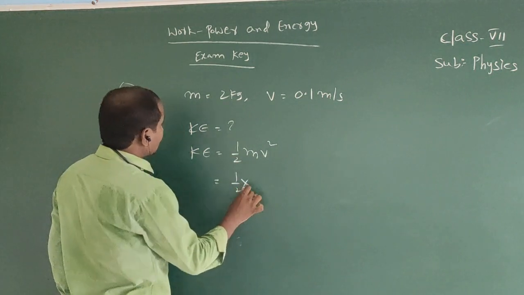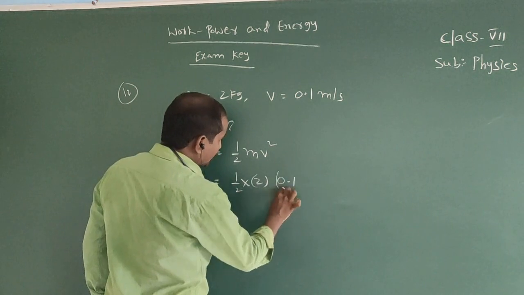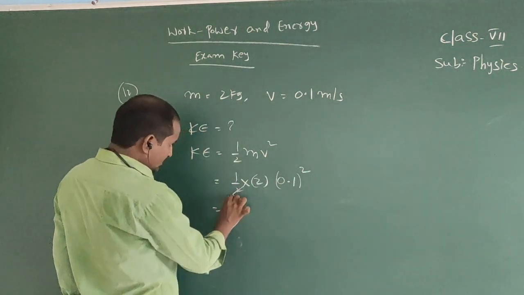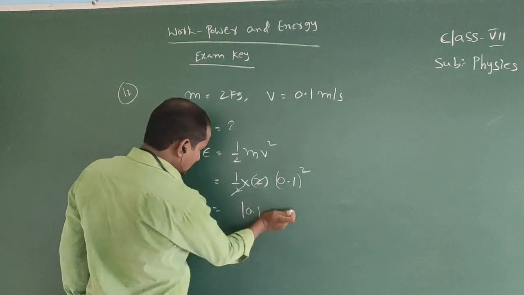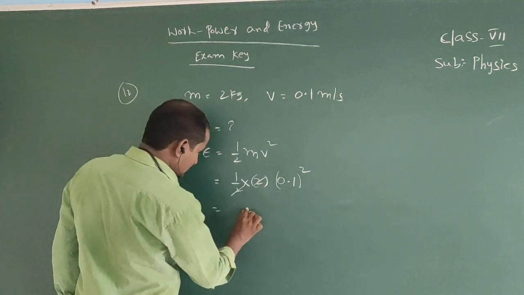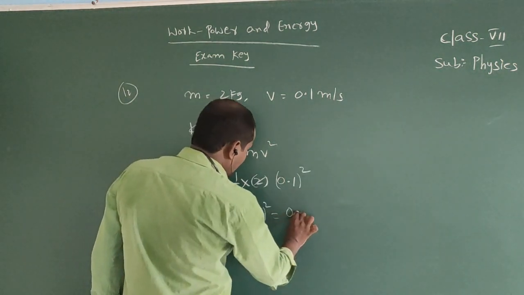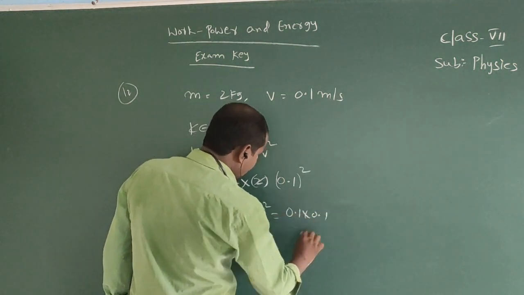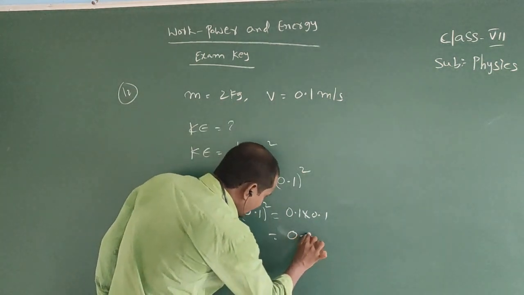So half into 2 kg into 0.1 whole square. Here 2 gets cancelled, 0.1 whole square, that equal to 0.1 into 0.1, that equal to 0.01.